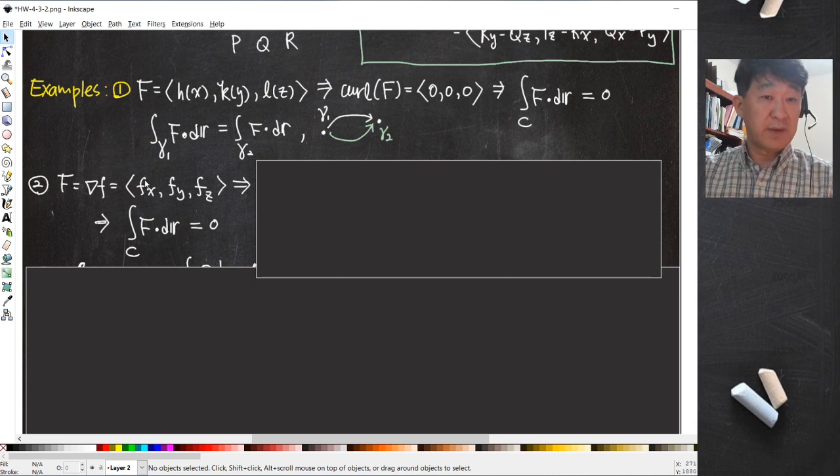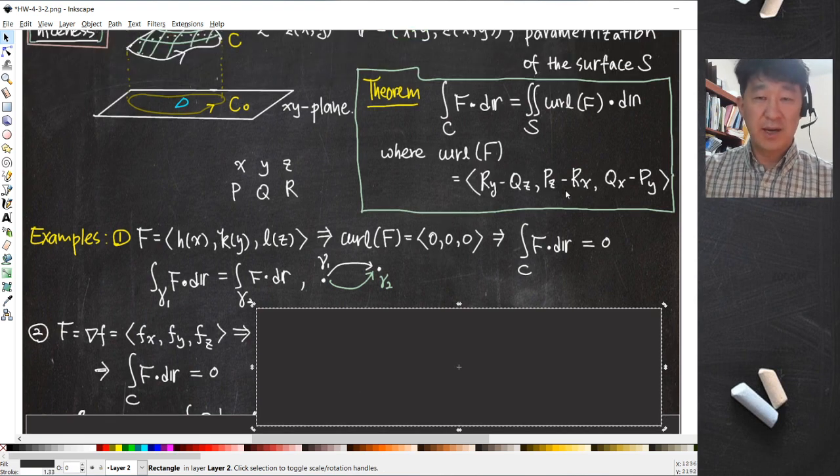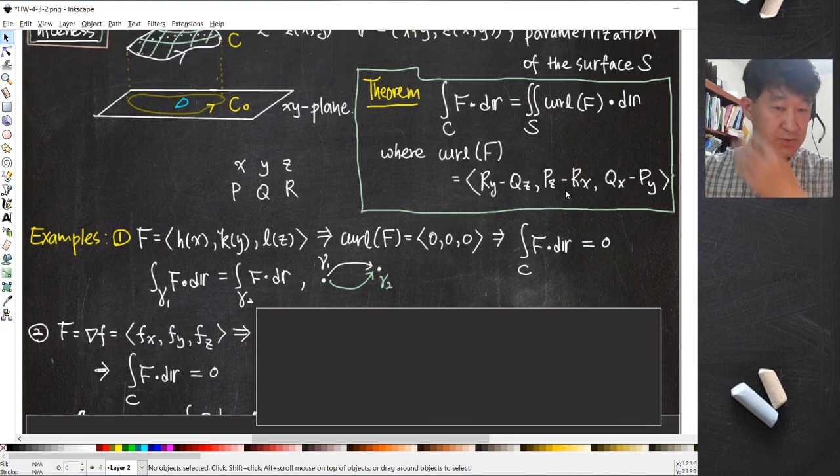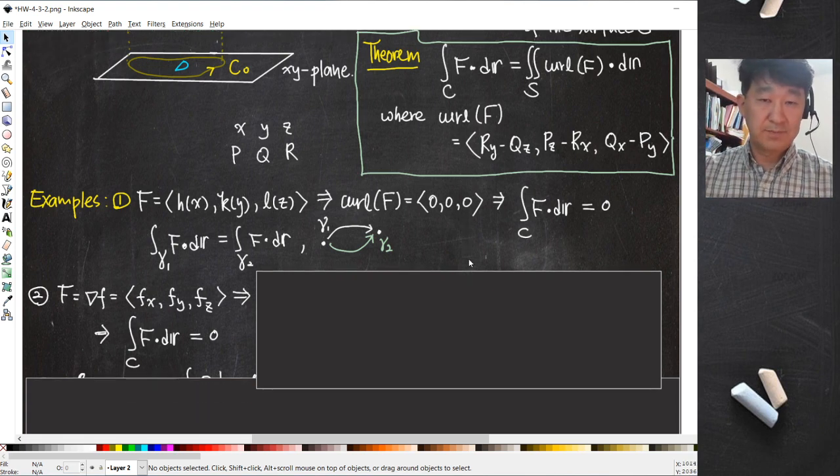And this is a gradient vector: f differentiated with respect to x, with respect to y, and with respect to z. And let's go ahead and calculate the curl of this. I think I forgot to mention how we got this formula, so I apologize. We're going to calculate this one first and then go back and understand how this came about.